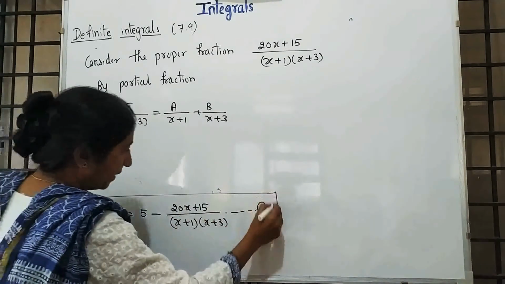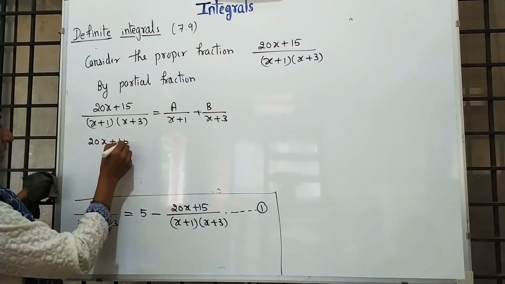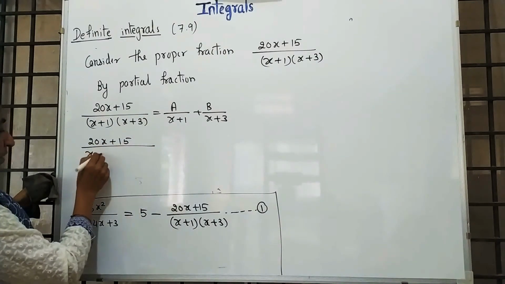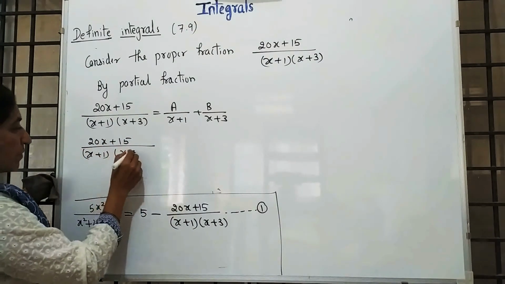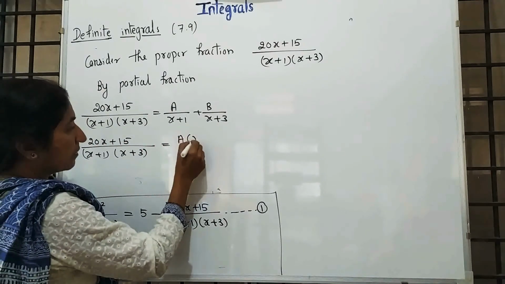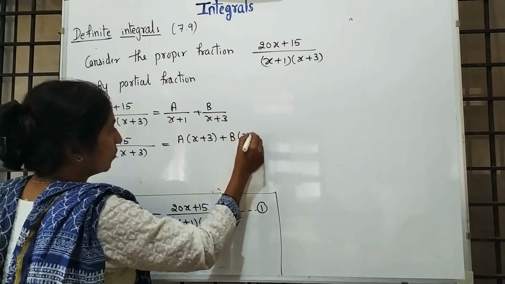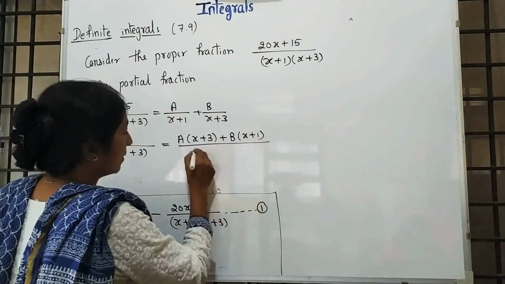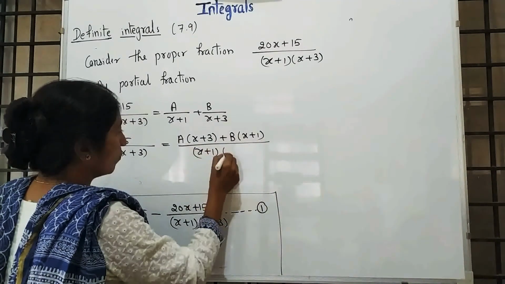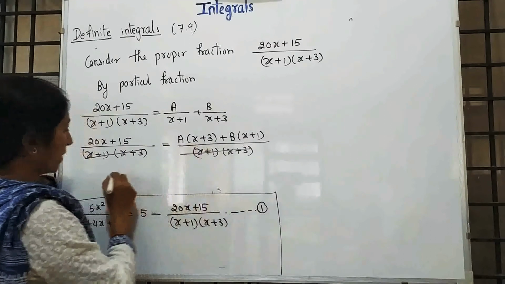This I will keep as it is. Here take the LCM. It is 20x plus 15 upon x plus 1 into x plus 3 on the left side as it is. On the right side take the LCM: A into x plus 3 plus B into x plus 1 divided by x plus 1 into x plus 3. On both sides the denominator gets cancelled.